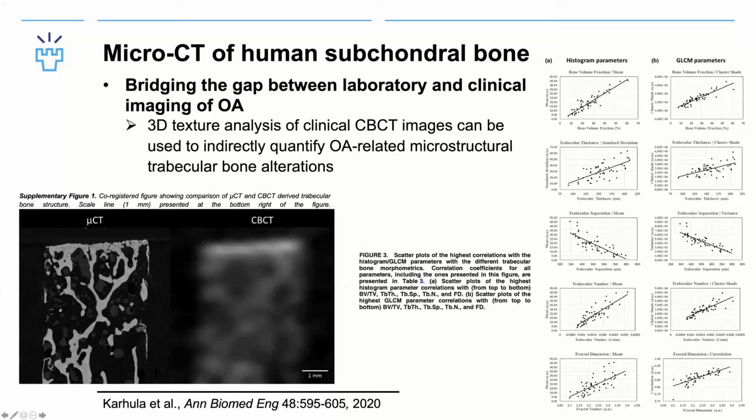We imaged them with micro-CT, and then we imaged them with cone beam clinical CT. Again, here you can see the differences in image quality. What we did then, we did a three-dimensional texture analysis of the pixels from this clinical CT scan, and correlated those with trabecular bone parameters from micro-CT, like bone volume fraction, trabecular thickness, trabecular separation, and trabecular number, for example.